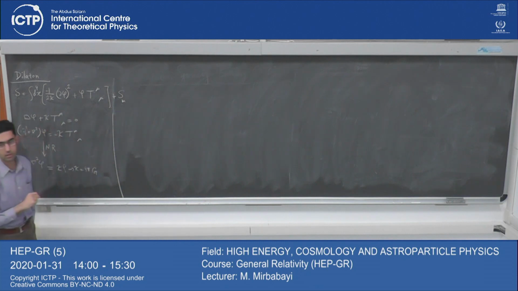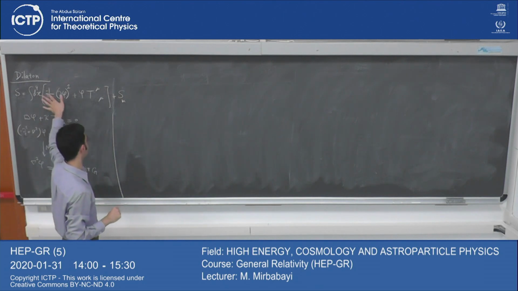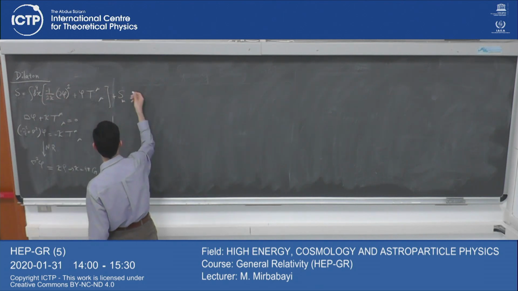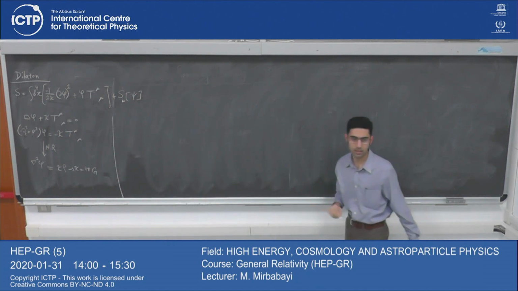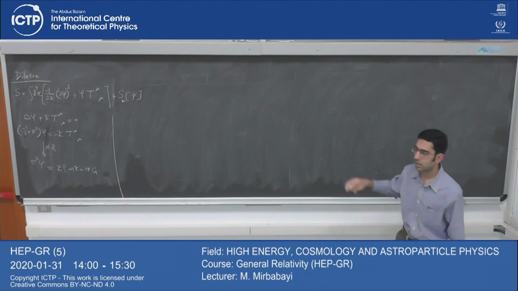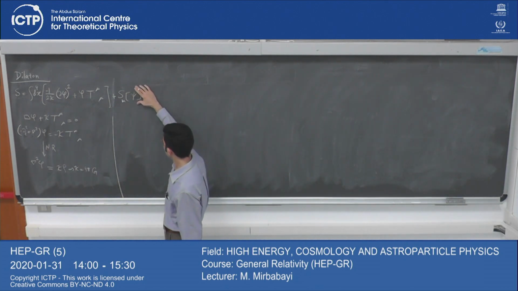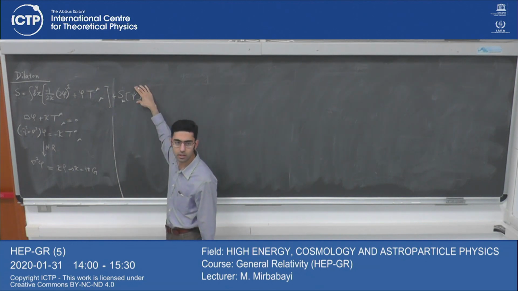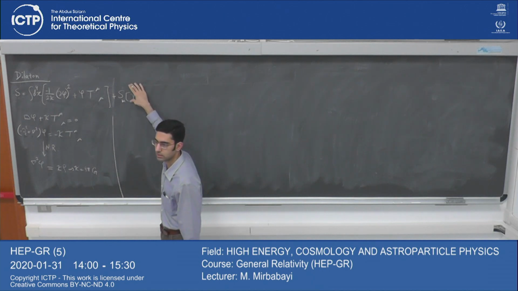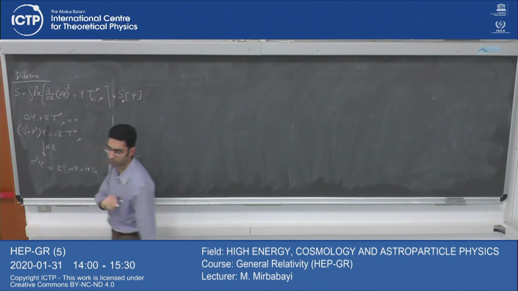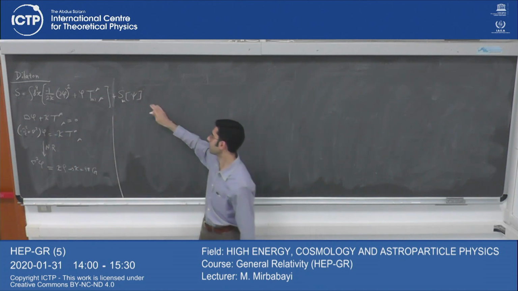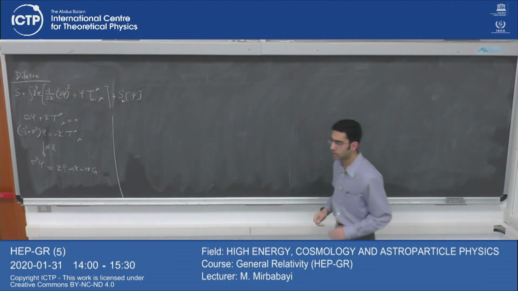In addition to this phi, there will be some other matter fields that maybe I can just collect all of them inside some field that I call psi, and that T mu is supposed to be the T mu that I obtain using another procedure from this matter action. So, to be more precise here, I could put an index m, for instance, T mu of the matter field coming from the matter action.